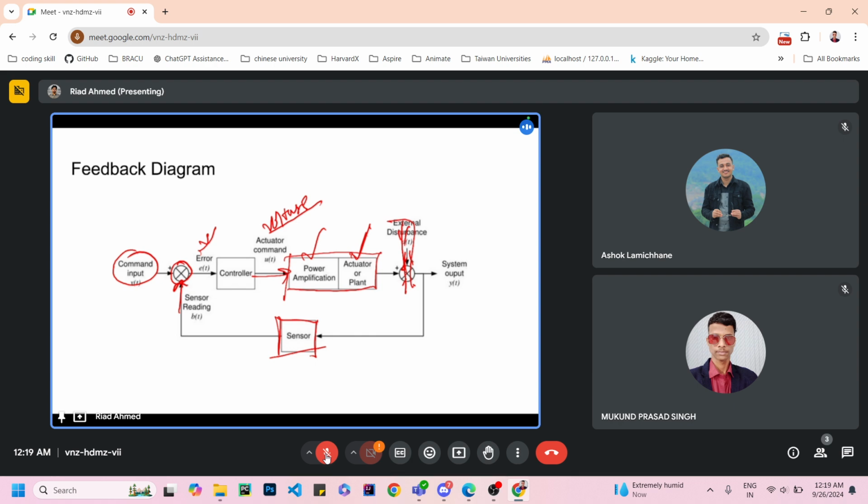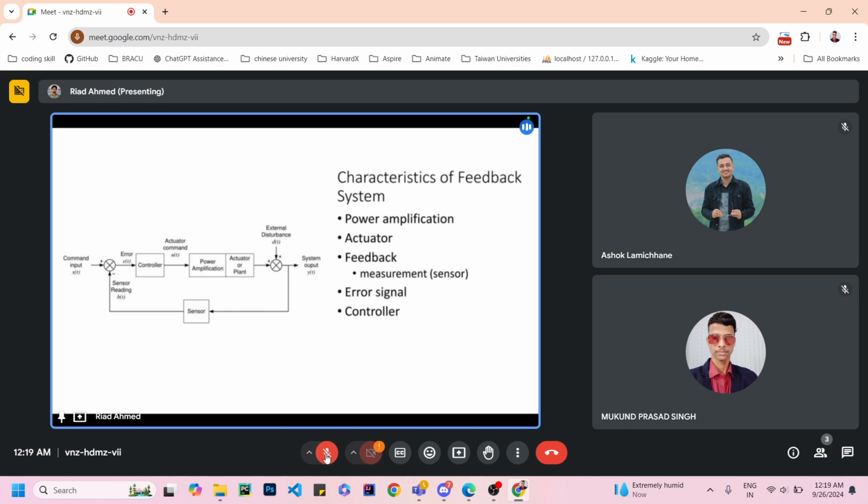So this is called the characteristics of a feedback system. If you are asked in your exam to write the characteristics of a feedback system, then you must draw this diagram and explain it with any example you can imagine.